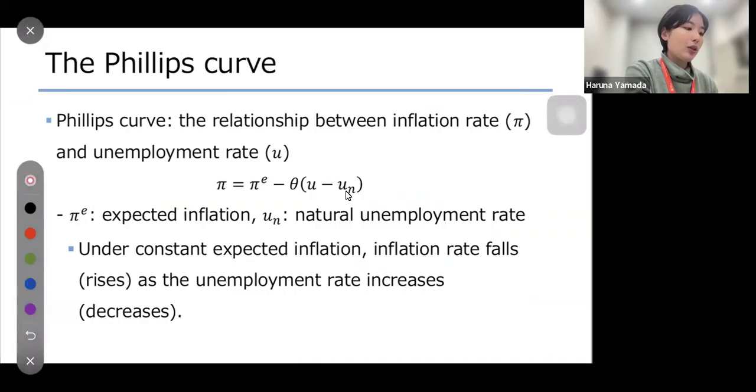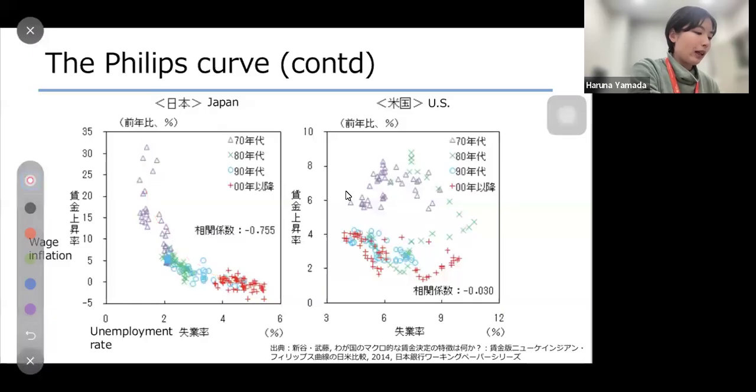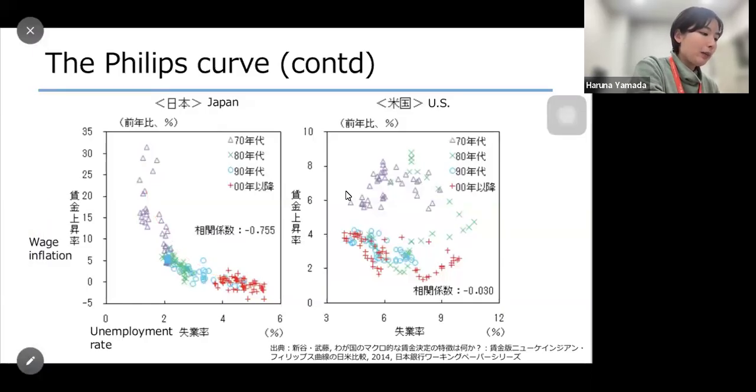Under constant expected inflation, the inflation rate falls as the unemployment rate increases. So in the Japanese case, there is a downward sloping relationship.